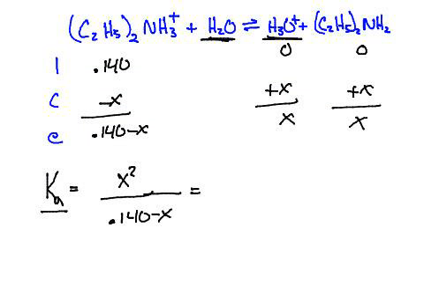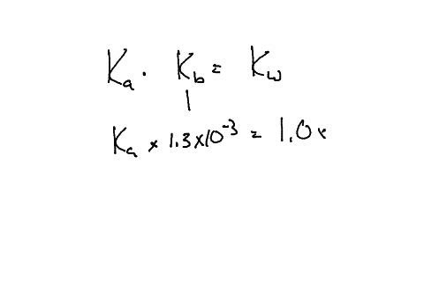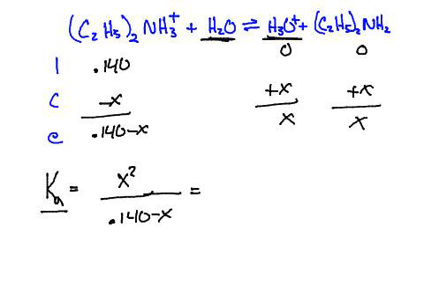So let's save this for a moment. Remember Ka times Kb equals Kw, and the Kb is 1.3 times 10 to the minus 3. Ka times this is equal to 1.0 times 10 to the minus 14th. You simply solve for Ka, dividing, and you get 7.69 times 10 to the negative 12.